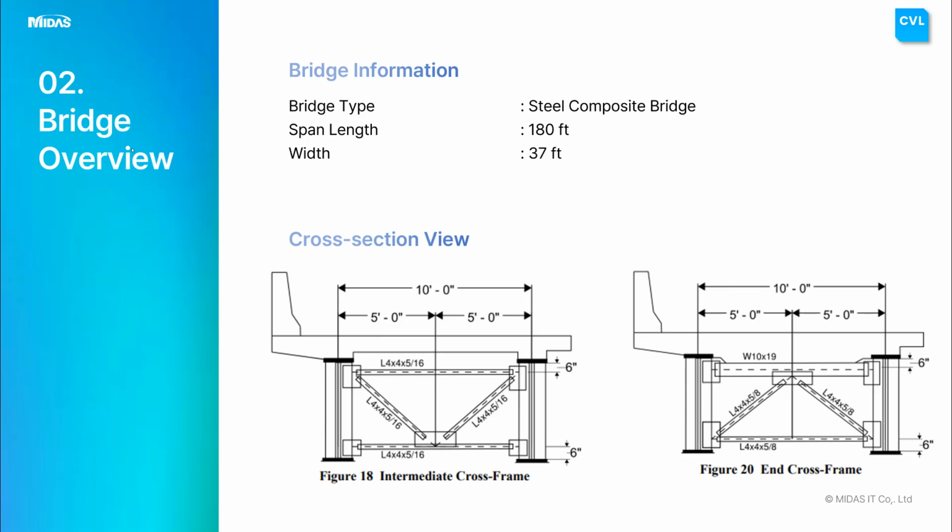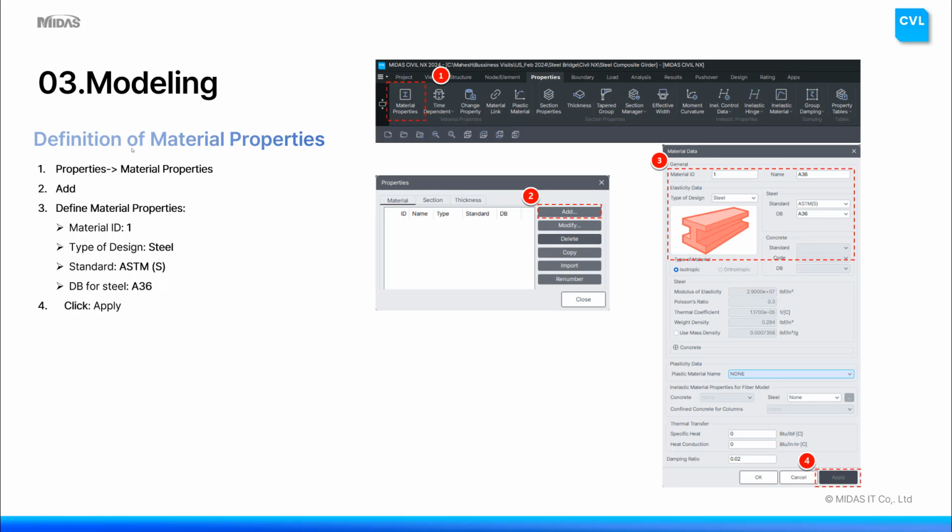I'll go back to my slide. First we'll be defining the materials that we'll be using for the modeling process, the main material being steel. As you can see in the presentation, we'll go into the materials menu and add the following material.